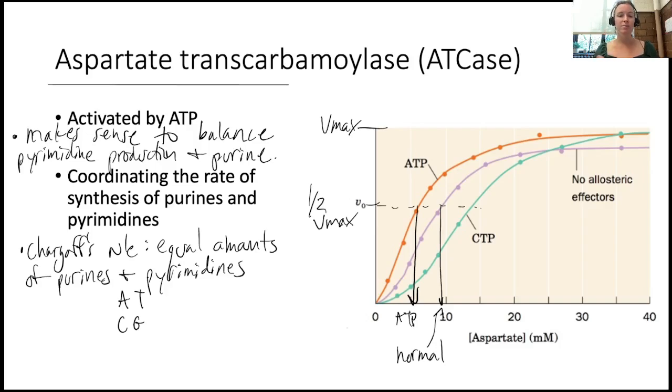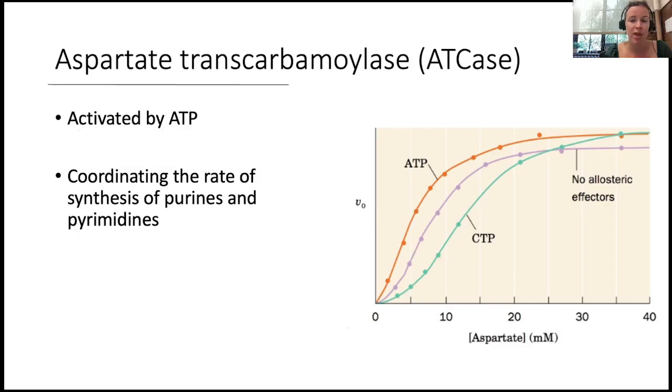So there's one last thing to mention here, folks. If you're looking very carefully at these kinetic curves, and I'll help us all out by erasing what's on this slide, you might notice that the CTP curve looks a bit more S-shaped compared to the curve with no allosteric modulators and the one with ATP.